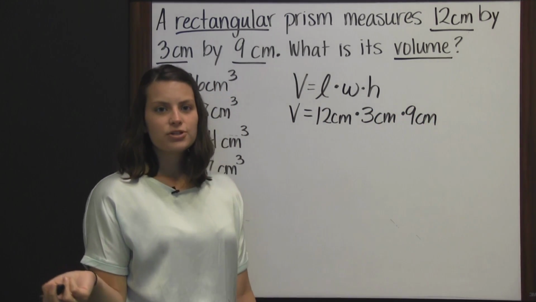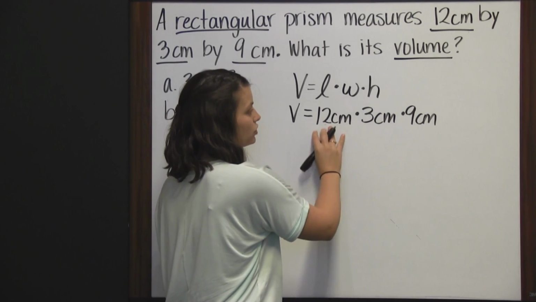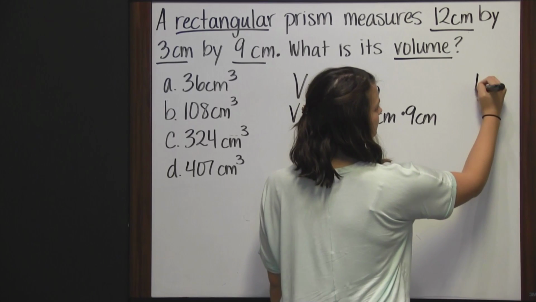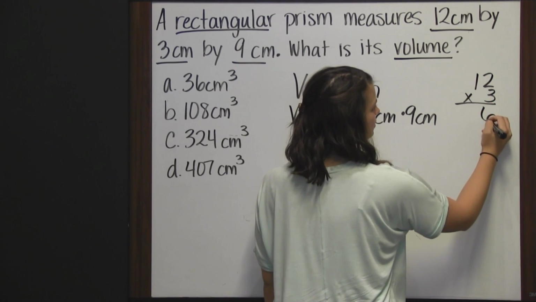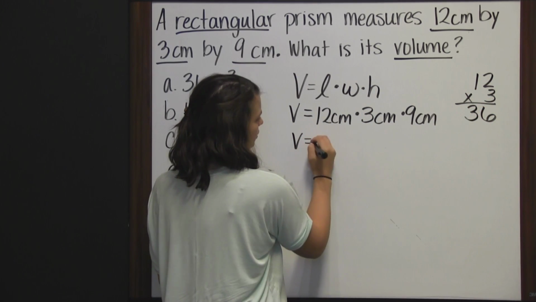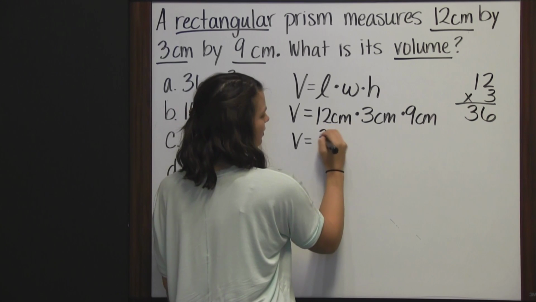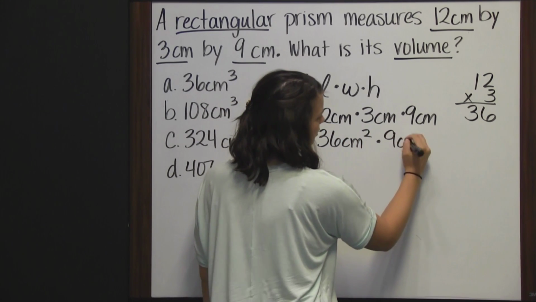And it's up to you which two you choose to multiply together first. You could start with 12 times 3. 3 times 2 is 6, and 3 times 1 is 3. So 12 centimeters times 3 centimeters is 36 centimeters squared, times 9 centimeters.